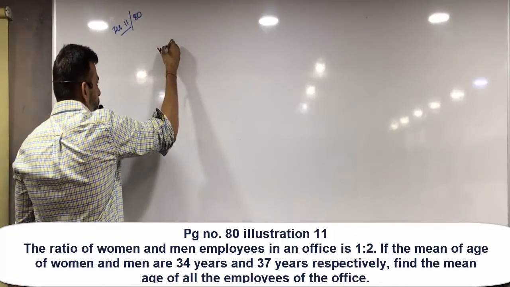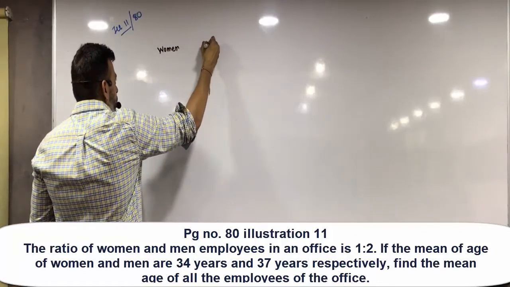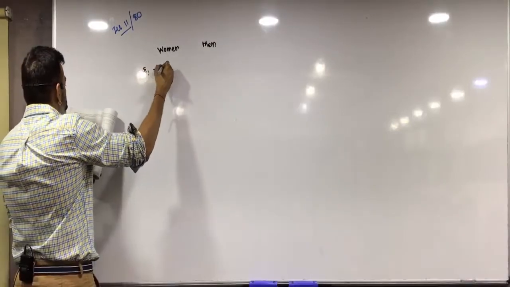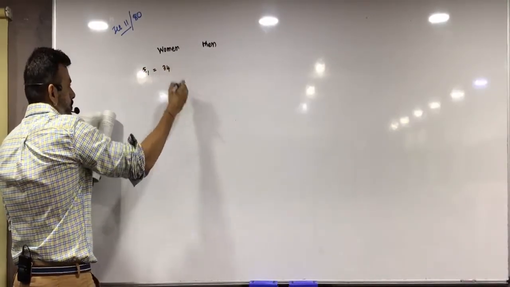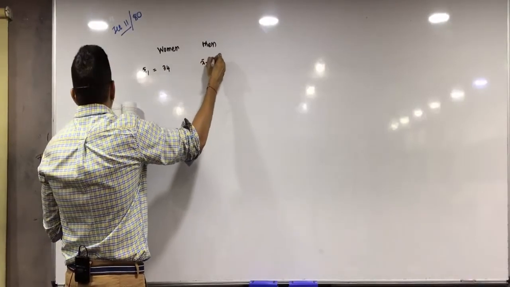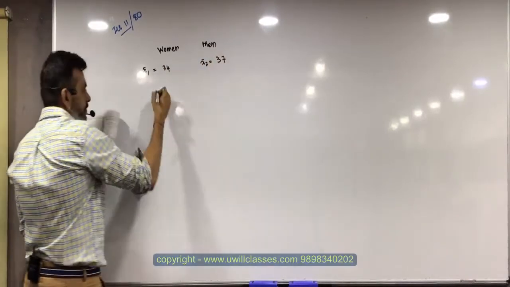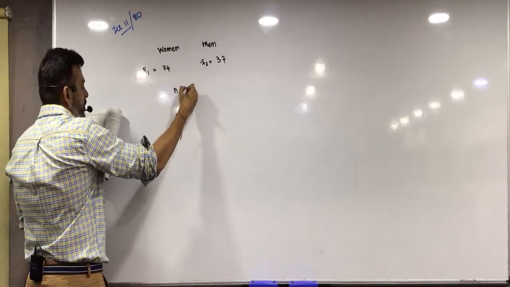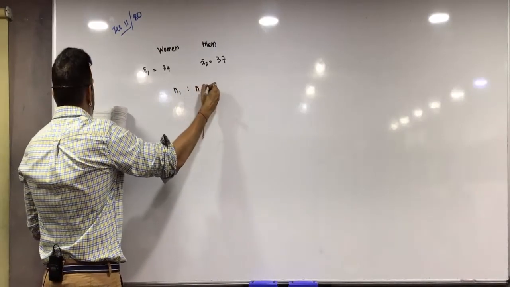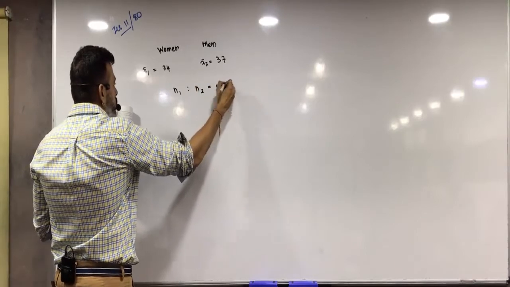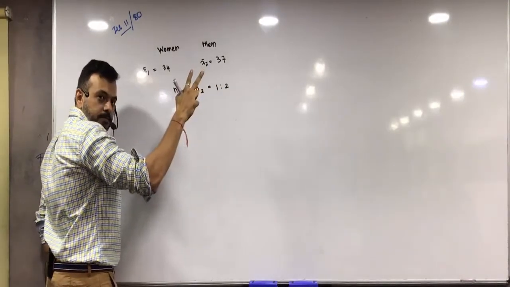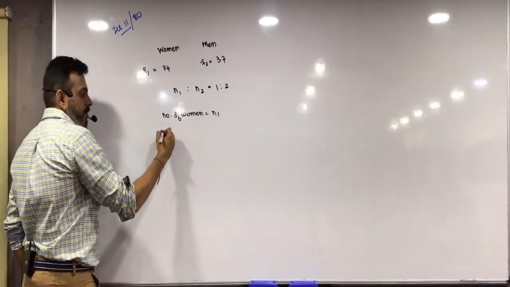We have women, we have men. Mean age x bar 1 is equal to 34 and x bar 2 is equal to 37. But ratio is given, number of women and number of men is equal to 1:2. For one woman, there are 2 men.